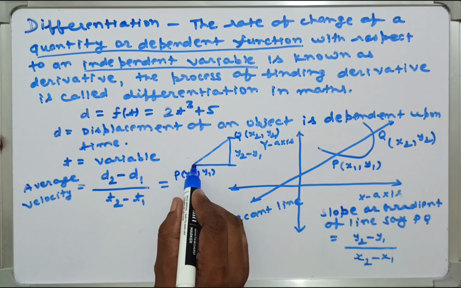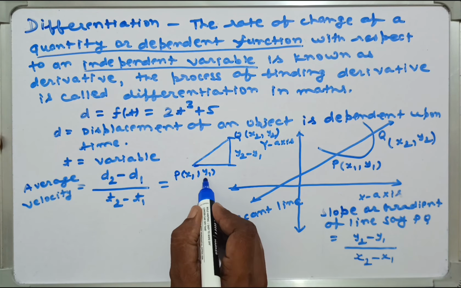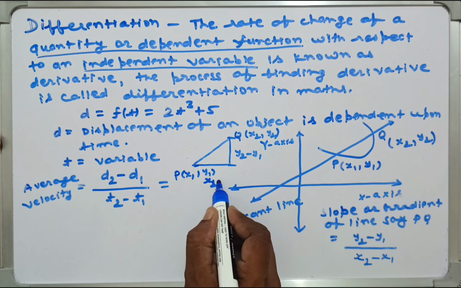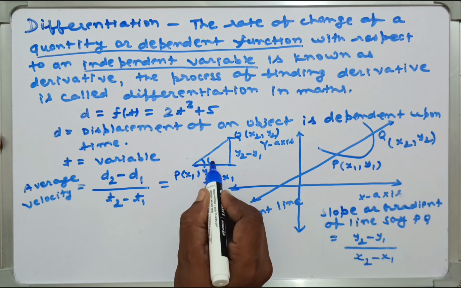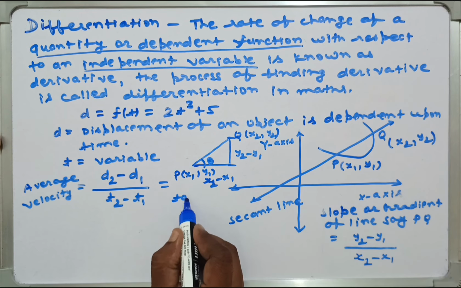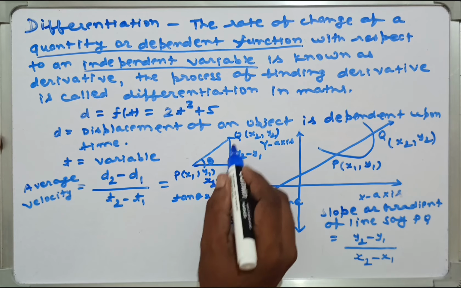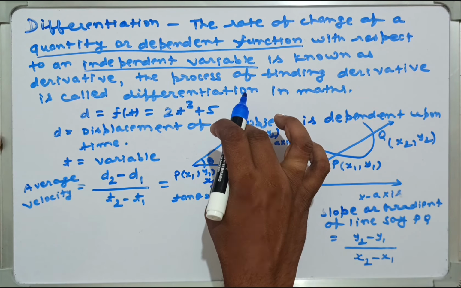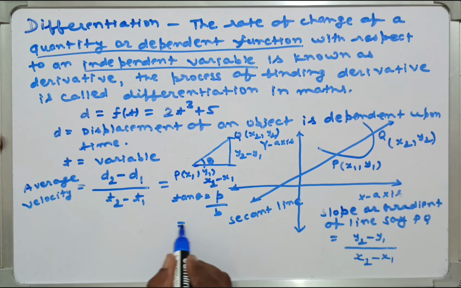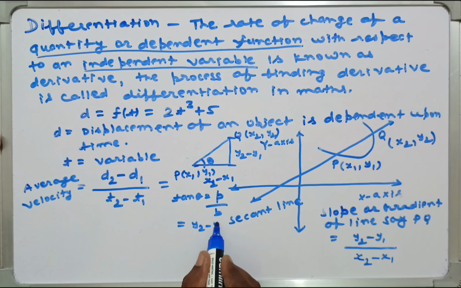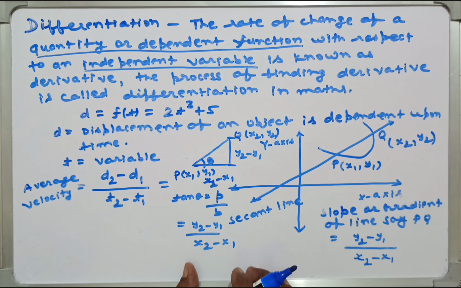The horizontal distance, or the base of this triangle, is x2 minus x1. This angle is theta, then tan theta equals the perpendicular over the base, which is y2 minus y1 over x2 minus x1. You may ask, sir, what is the use of this?